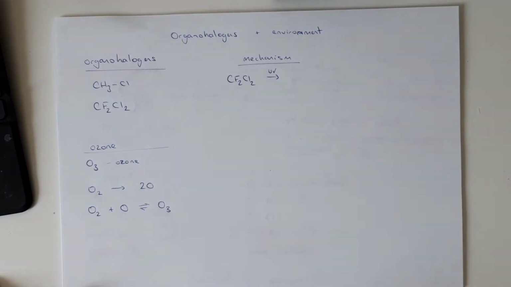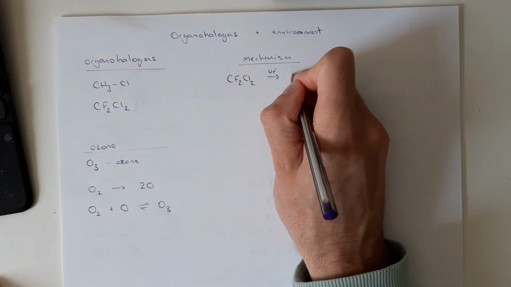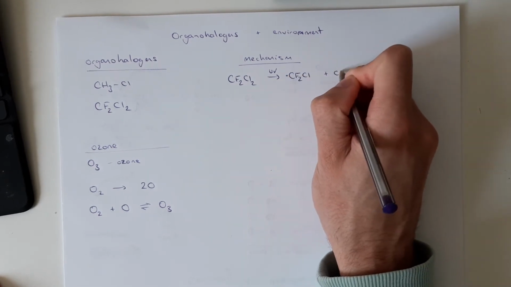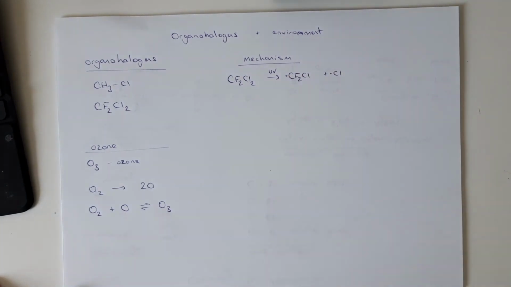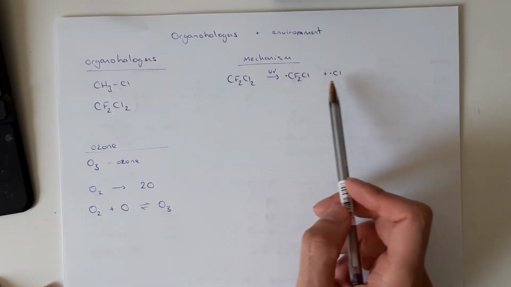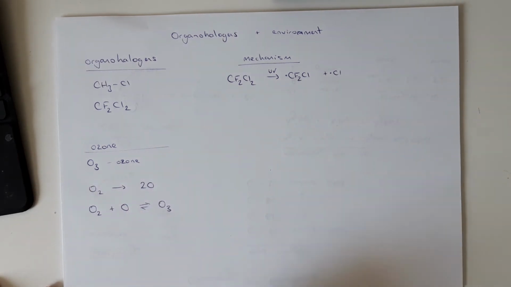It should be familiar to you now what happens with UV light when we've got halogens. We're going to create radicals. So just in this separation, I'm forming sort of a weird halogen methane radical and a chlorine radical. So that's our first initiation step.